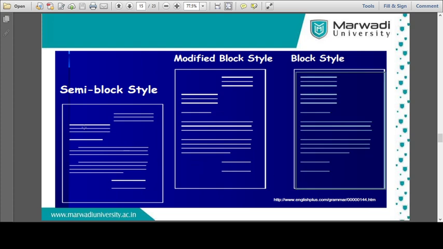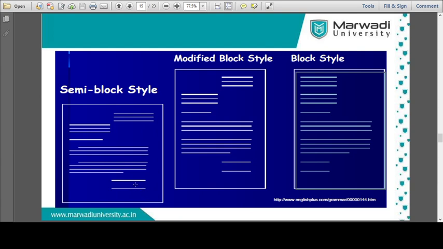But if you wish, then you can use semi block style or modified block style. There are so many styles here, so you can choose your own style. But whenever you are writing in any style, you need to be particular with it. You can see the ending line, the complimentary close.